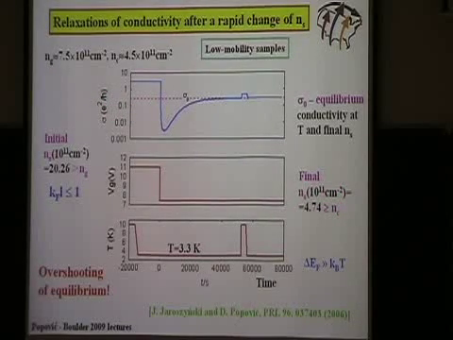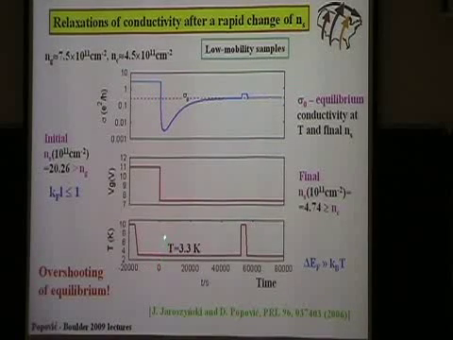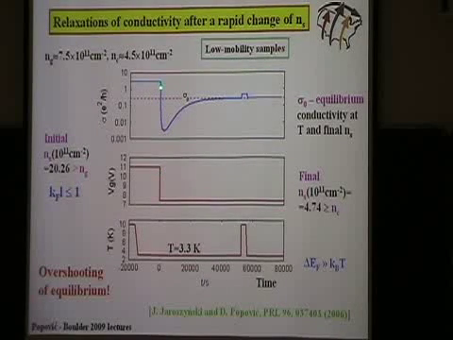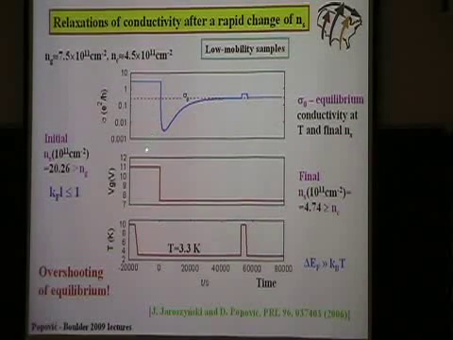So what happens with the conductivity? We start measuring the time. Our zero time is here. After we change the density, we start measuring what happens with the conductivity. Since we are going to lower density, the conductivity should decrease, according to what I showed on the first slide, and it should stop here at this red dashed line. So it should go down to here, maybe like this. However, you see that it overshoots this equilibrium value, in this case by about 2 orders of magnitude.